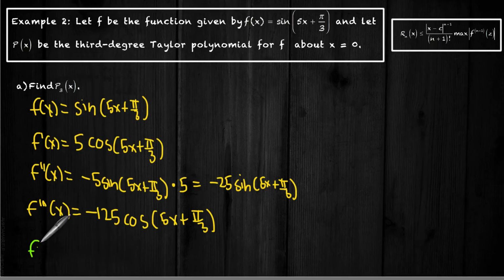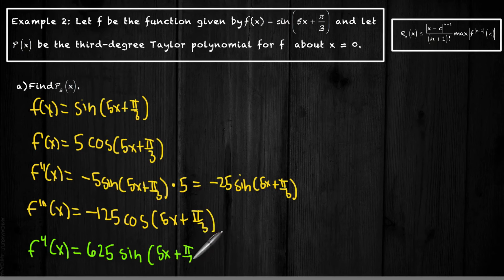So our fourth derivative is simply going to be 625, after you do the chain rule, sine of 5x plus pi over 3. All right, so now we're going to plug in 0 because this is a Maclaurin.